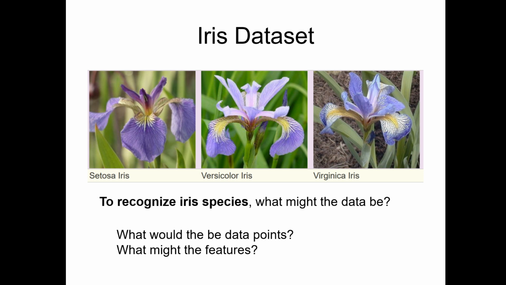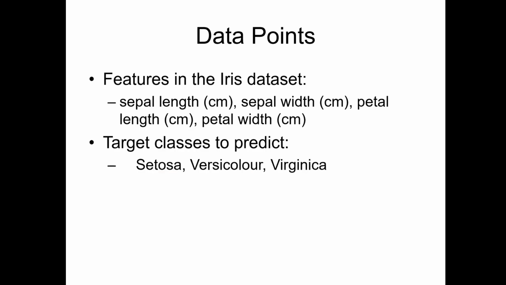If you are given the data points, what will be the features in each of them? The features will be the sepal length, petal length, sepal width and the petal width. A very simple data set for us to start with, and the target will be one of these 3.